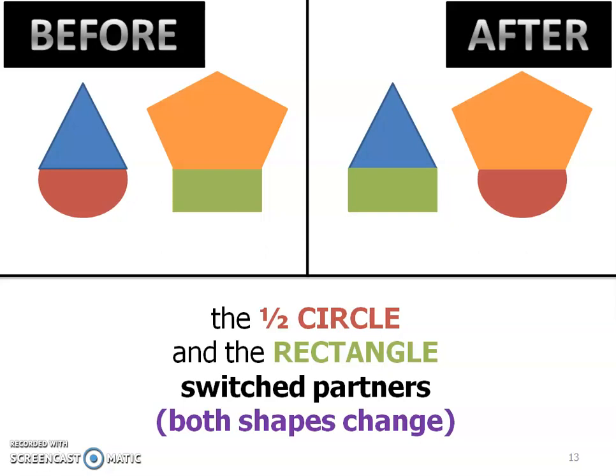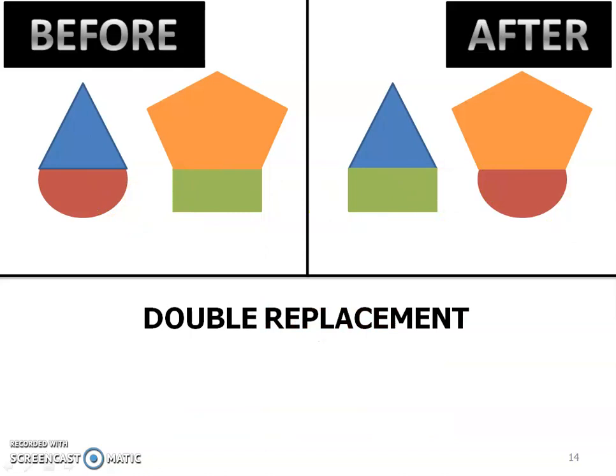You might want to describe it that way. But either way, what's happening is that 2 things are switching with each other. We started with 2 compounds, and it's going to be 1 element from each of those compounds that switch places. So this is called a double replacement reaction. So make sure to get that down.